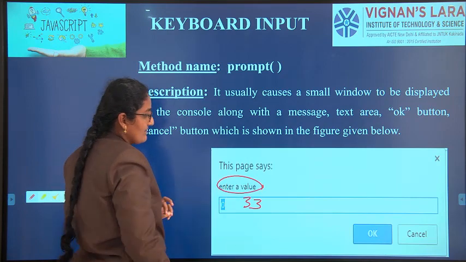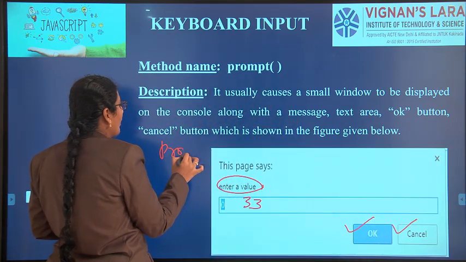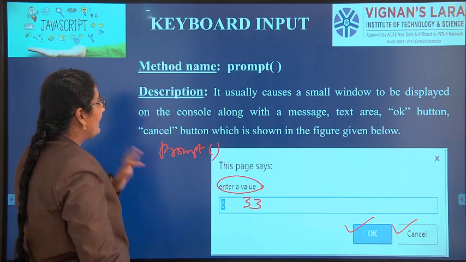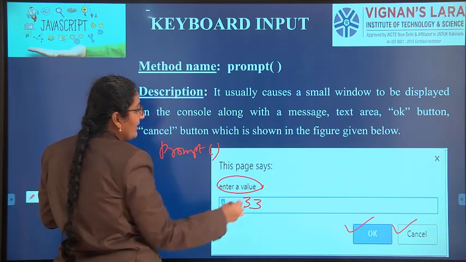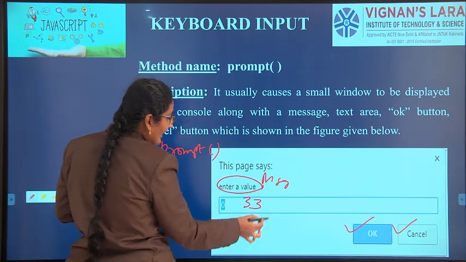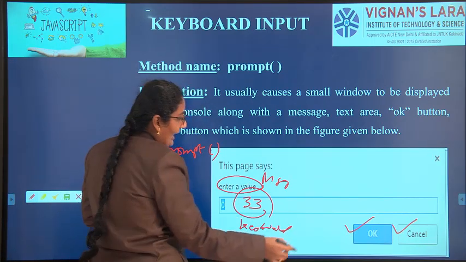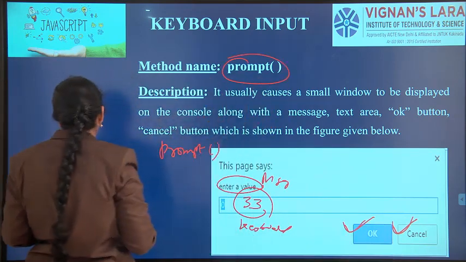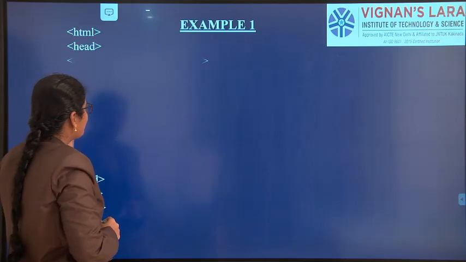It is a message with an OK button and a cancel button. One window will be displayed with one message, you can give some value using the keyboard, and it will have OK and cancel buttons. This is prompt.